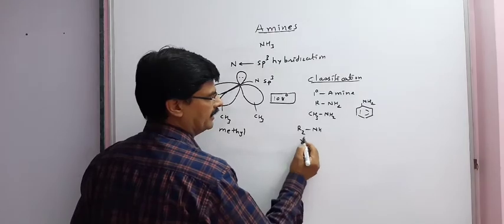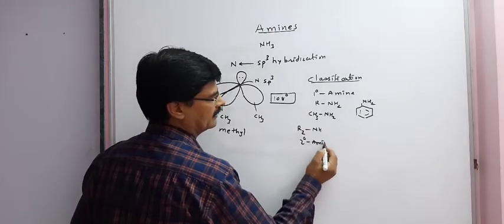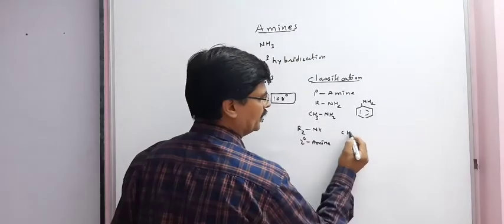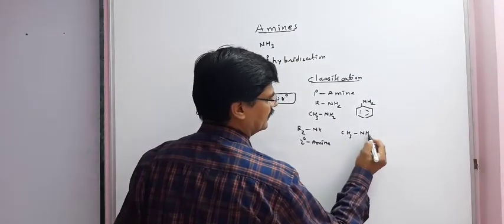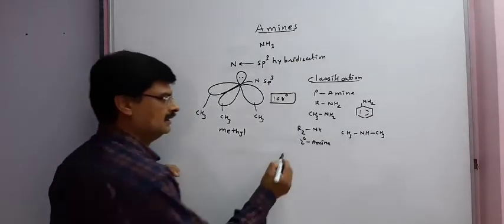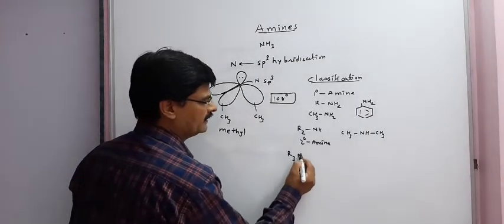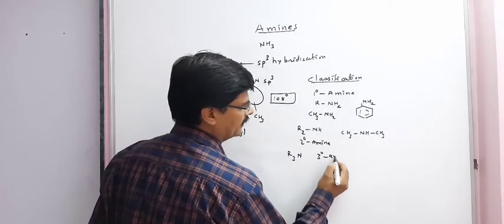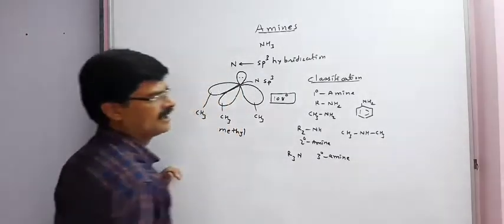R2NH is a secondary amine. Example, we can take CH3NHCH3. This is a secondary amine. And one more possibility is R3N, that is 3 degree amine or tertiary amine.